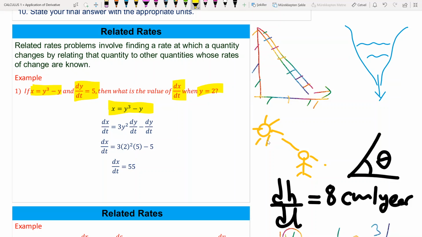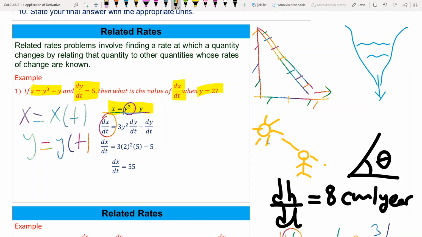x and y change with respect to time. This is why x is actually x of t and y is equal to y of t. So we will take the derivative with respect to t. The derivative of x is dx over dt, times the derivative of y cubed is 3y squared times y prime, and the derivative of y is y prime.